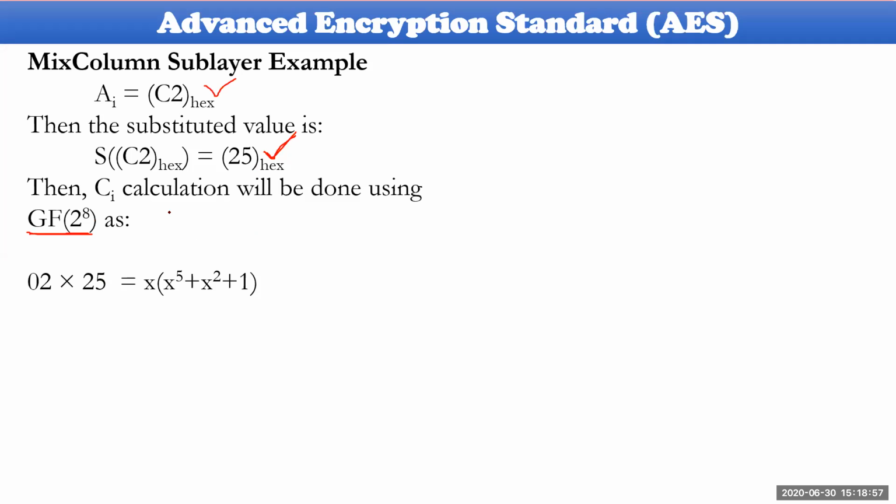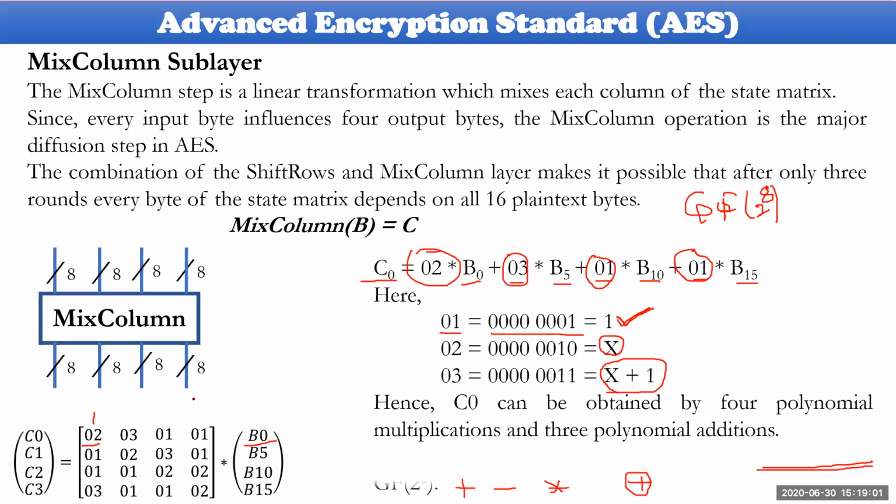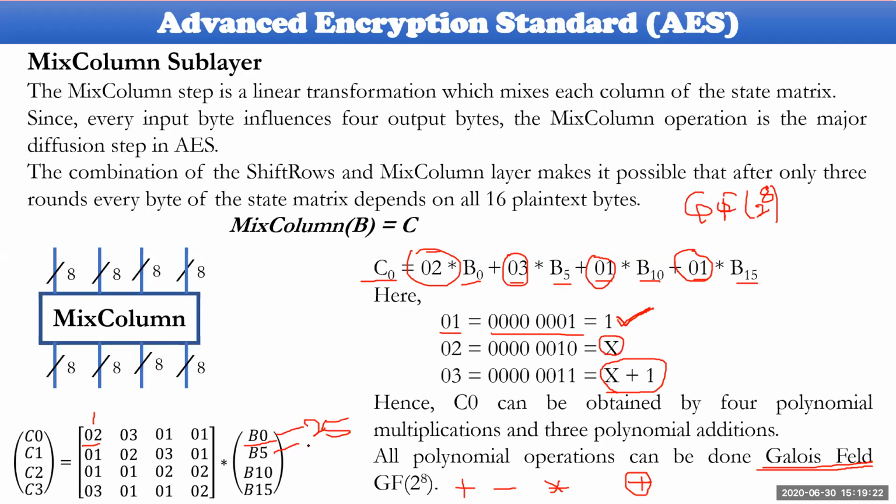So here, as in the previous slide, look at this. 2 into B0, 3 into B5, 1 into B10, and again 1 into B15. These are the values we have to consider. Just as we said, every value, B0, B5 and the others, is 25.